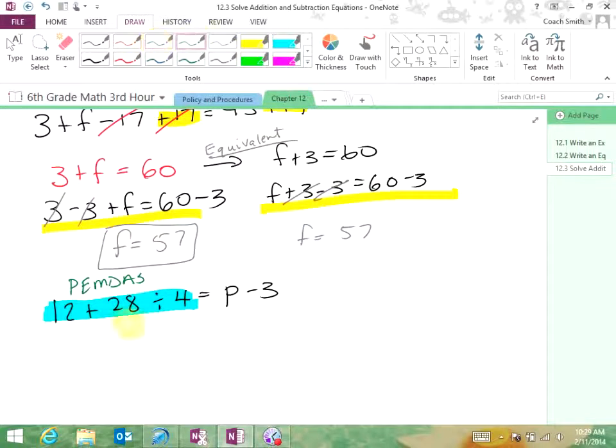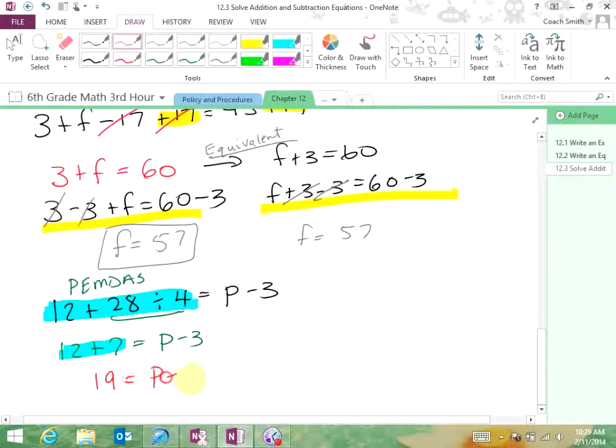So I have to do this part first. That gives me 12 plus what? 7 equals P minus 3. Now I still have this, which is what? What is 12 plus 7? 19 equals P minus 3. So this right here was simplifying. Now I can solve.